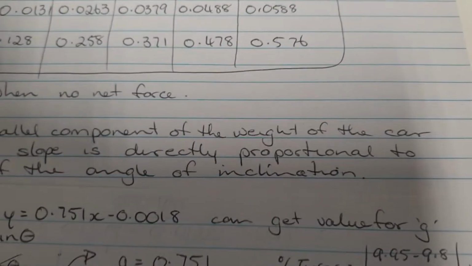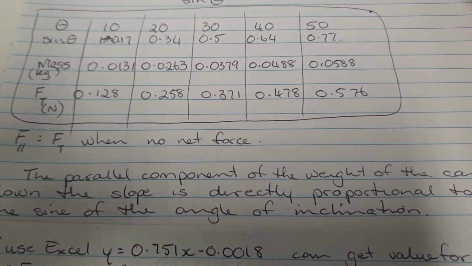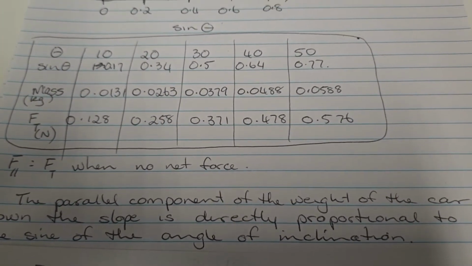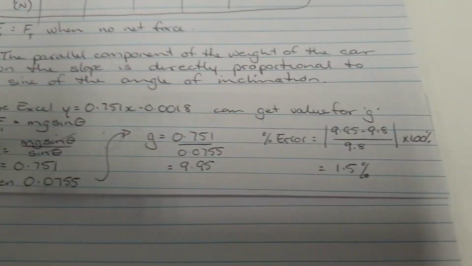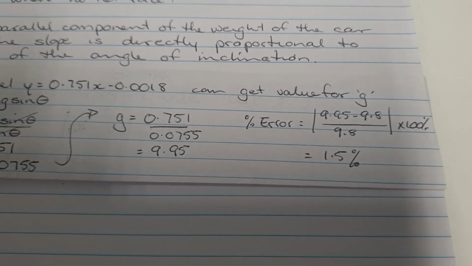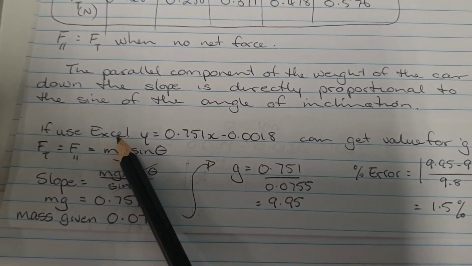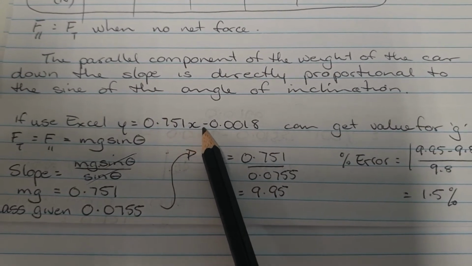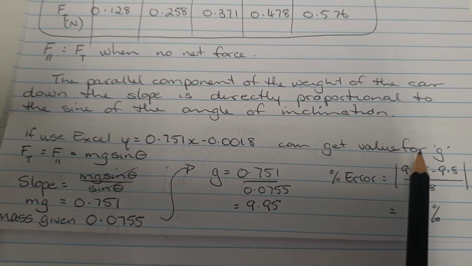Right, so we can say that the parallel component of the weight of the car down the slope is directly proportional to the sine of the angle of the inclination. And this bit then, if you use Excel, you'll get this as the equation, y equals 0.751x minus that. And you could use that to get a value for g.